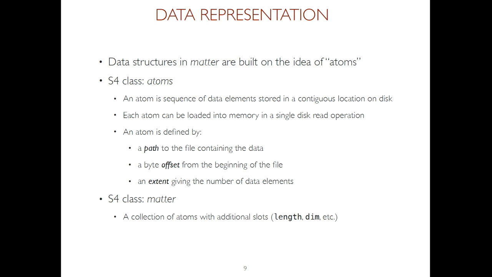The idea is basically that any kind of data set can be described as a combination of atoms. So I have two primary classes: atoms, which describe these atoms, and then the Matter classes, which are the user-facing data structures and are essentially just these atoms with additional slots or attributes, such as length, dim, and so forth.